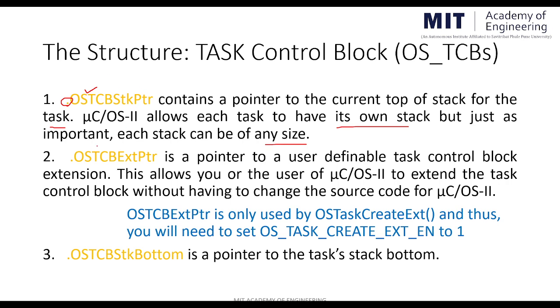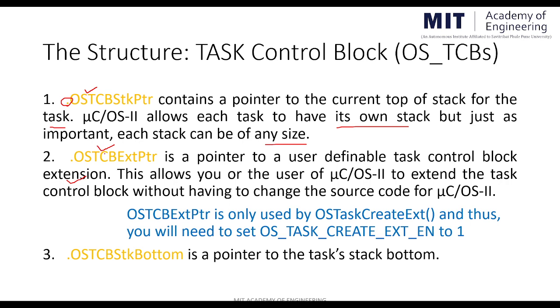In the second memory location, the TCB holds the OSTCBExtPtr information. This is the variable name for that location. It is the pointer to the user definable task control block extension. Sometimes tasks need to be extended, and then we have to extend the task control blocks also.